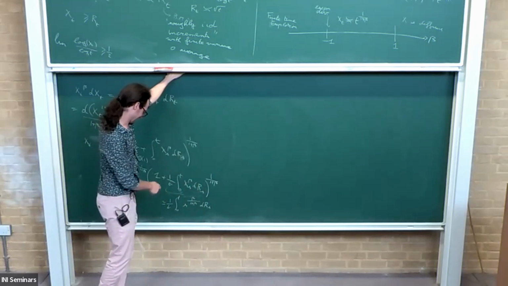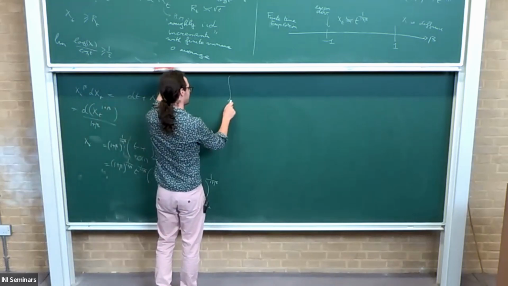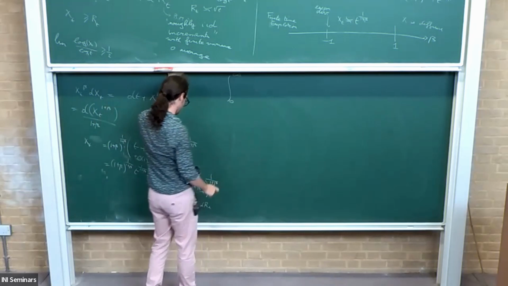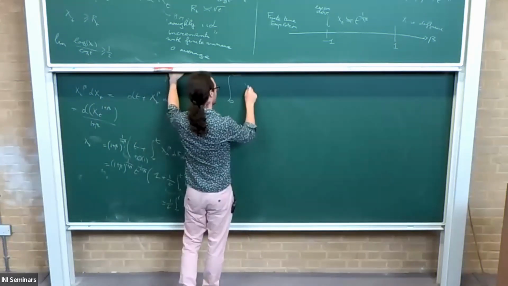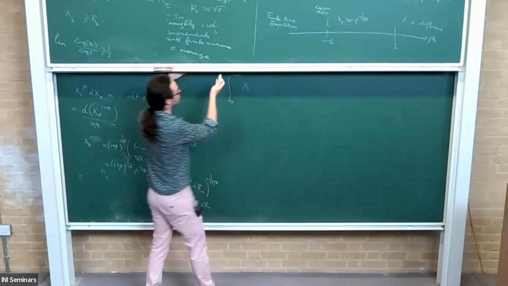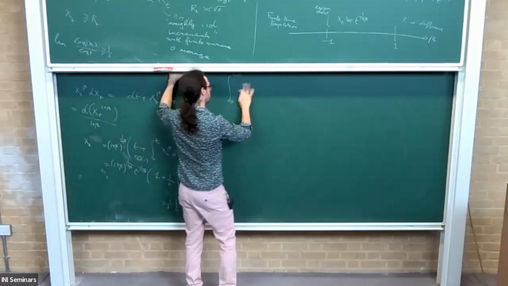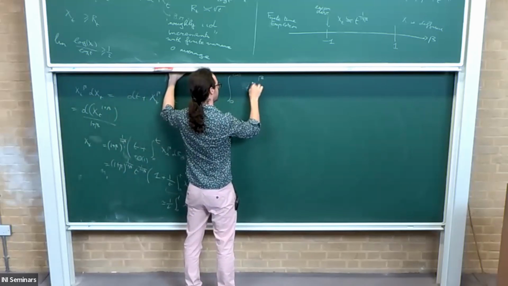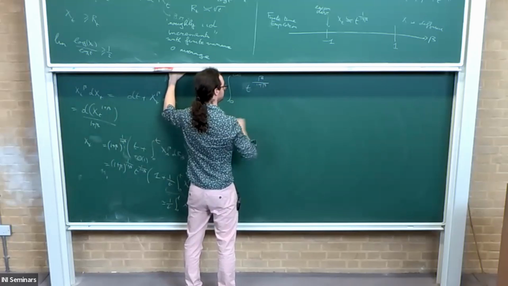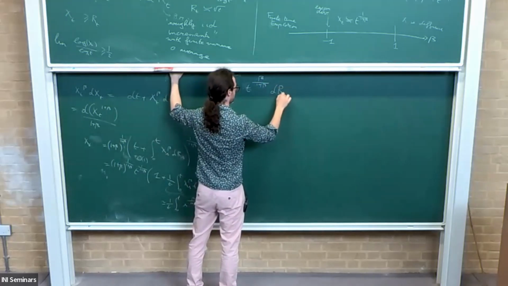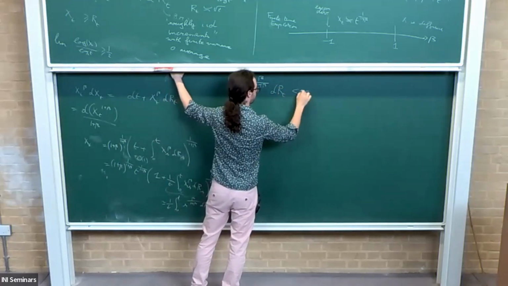Okay. So here we have a question, which is: is it the case that the integral from 0 to infinity of, well, you can actually use the other one, t to the beta over 1 plus beta dt, is finite?